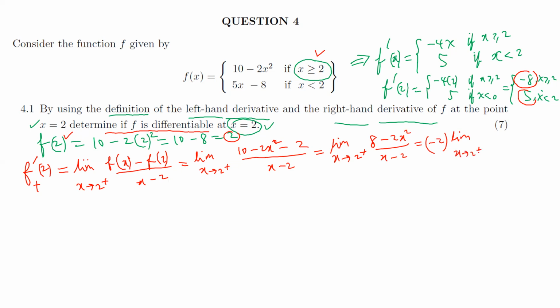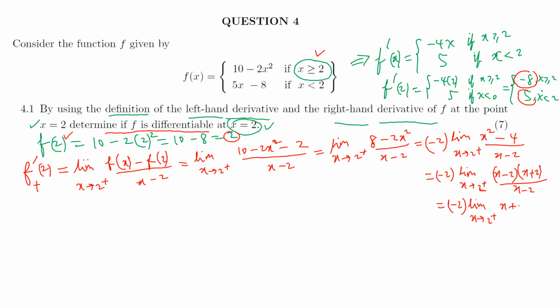So x approaches 2 from the right, which is x squared minus 4 over x minus 2. So with the limit, this is x minus 2 into x plus 2. We divide by x minus 2, which is x plus 2.